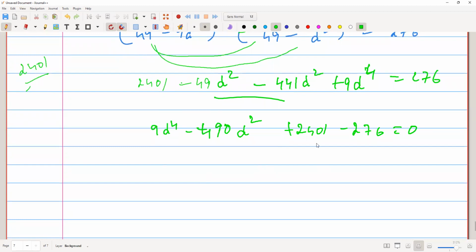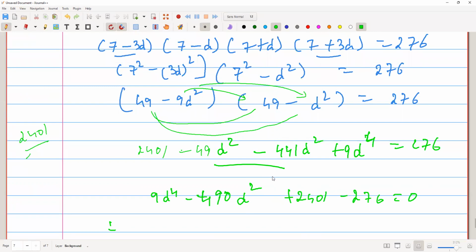Then divide by 9, and automatically it will be segregated. After that we find d, substitute d, and you'll get the answer.